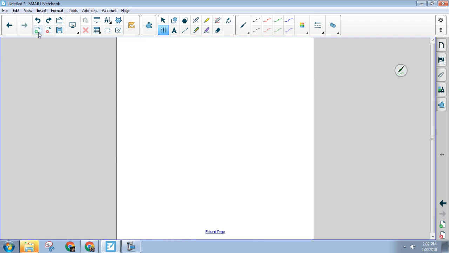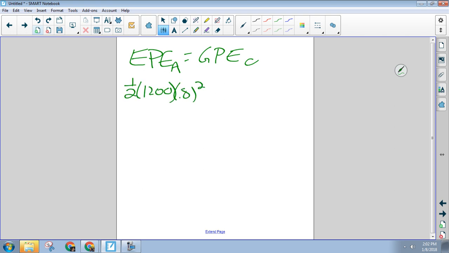So to do the last one, I'm just going to go, oh, well, the elastic potential energy at A, because that was my total energy, has got to equal my GPE at point C. And solve it. Right? Because all of my energy at point C is GPE. So you get 1/2 times 1200 times 0.8 squared equals the mass times 9.8 times the height, and solve for the height.